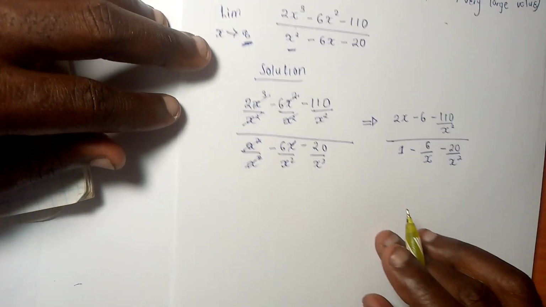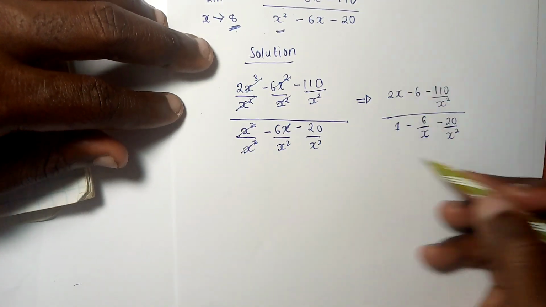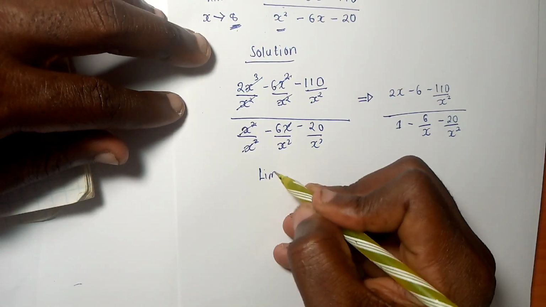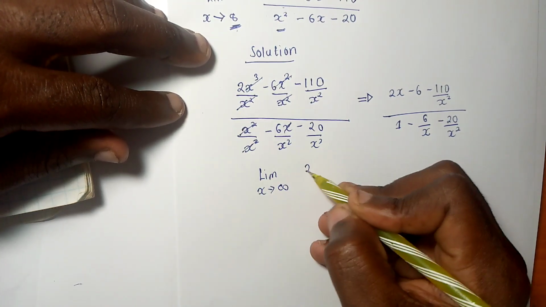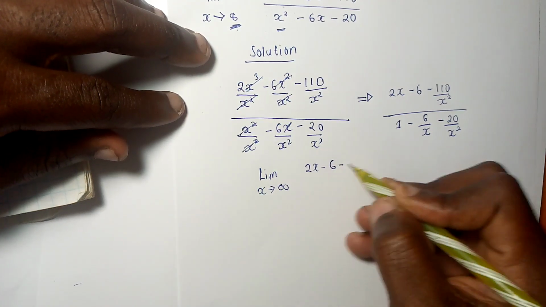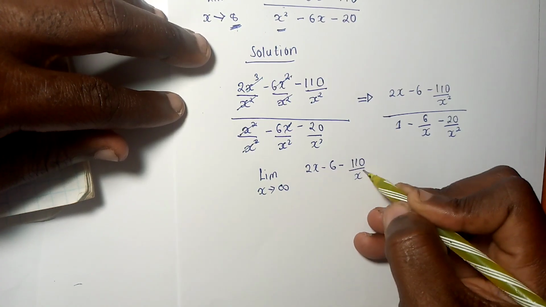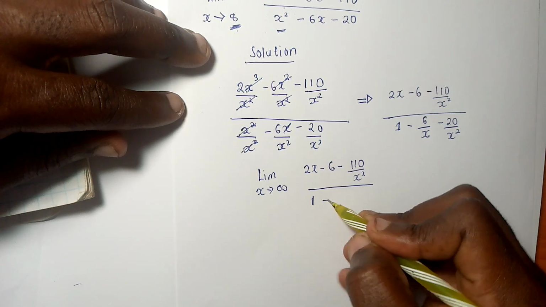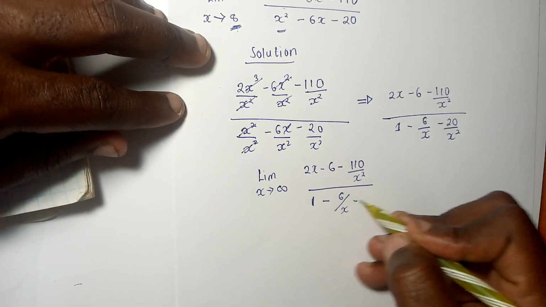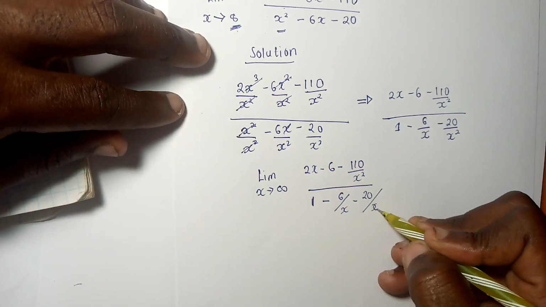Then you subject this to the limit as x approaches infinity of 2x minus 6 minus 110 over x squared, over 1 minus 6 over x minus 20 over x squared.